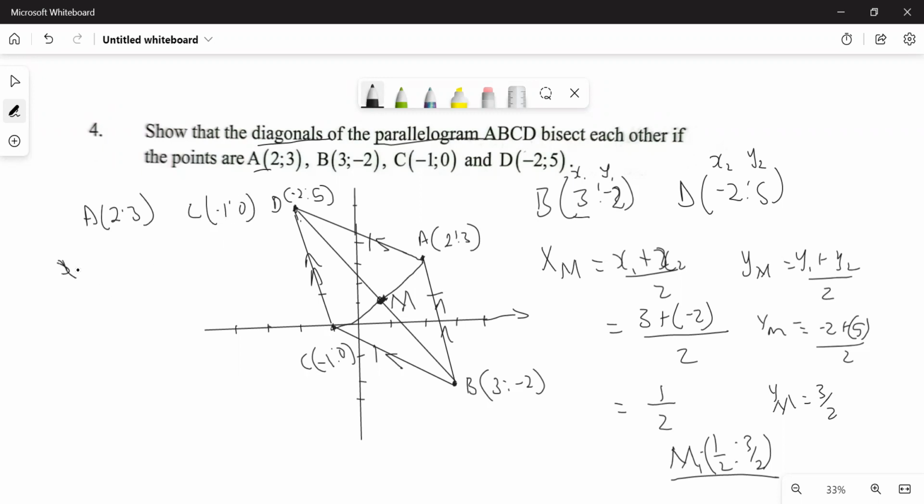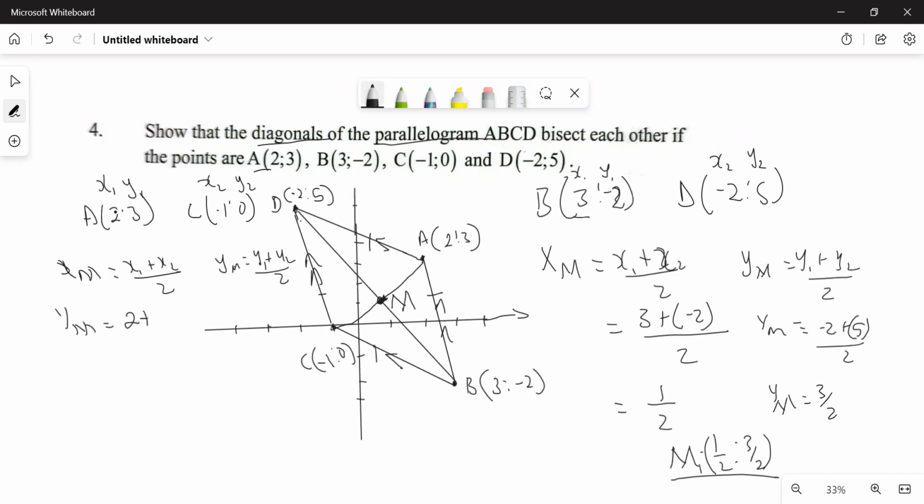Again, we say x at m is going to be x1 plus x2, and y of m is y1 plus y2, divided by 2. We choose this one to be x1, y1, and this one x2, y2. Based on how you chose, what is our x1?